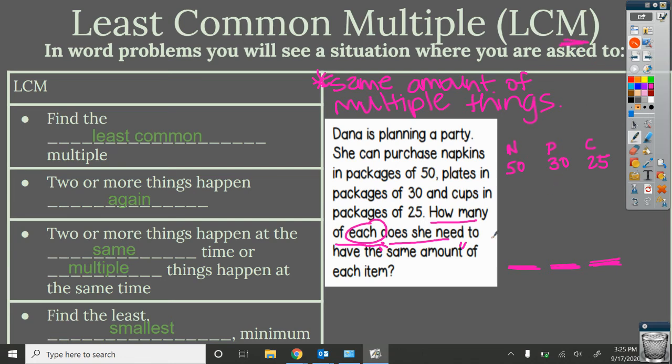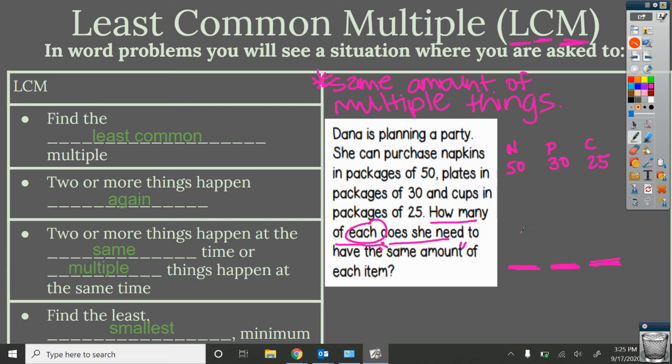We need them all to be the same amount, which is common, and we don't want any more than an equal amount. So this is a least common multiple problem. It's got multiples, they have to be in common, and we want the smallest one. We have 3 numbers here, but this doesn't change anything. We still just want to list out multiples for the 3 numbers.